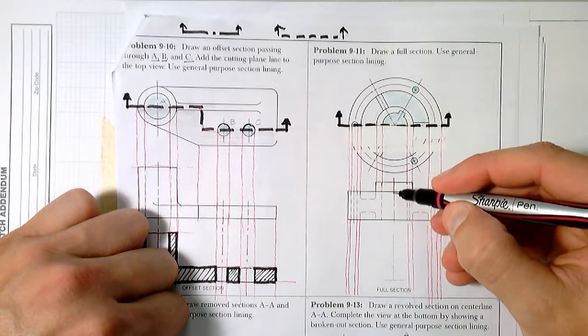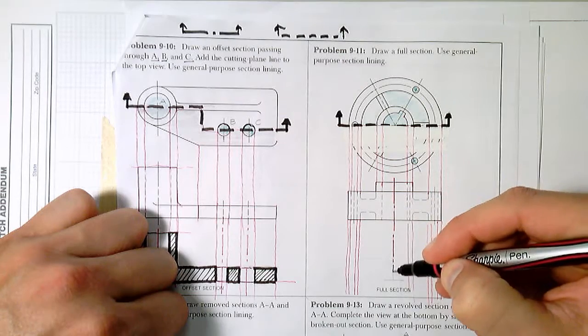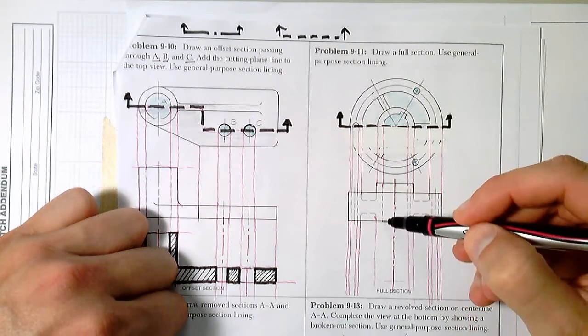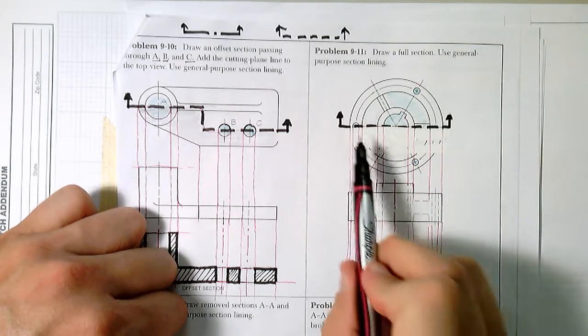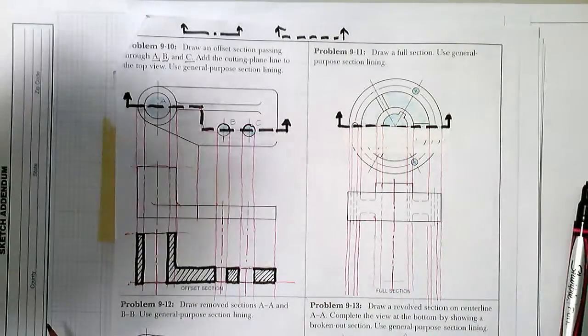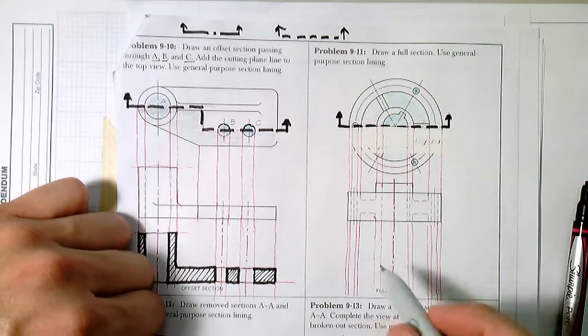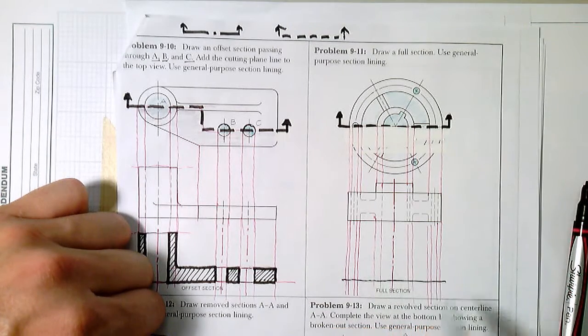We'll bring down the center line here. Okay, so we've got all these lines that we brought down, but then we're going to pick out which ones count. We'll first start by drawing a ground plane. We need something to base our section from, which will be that area there.